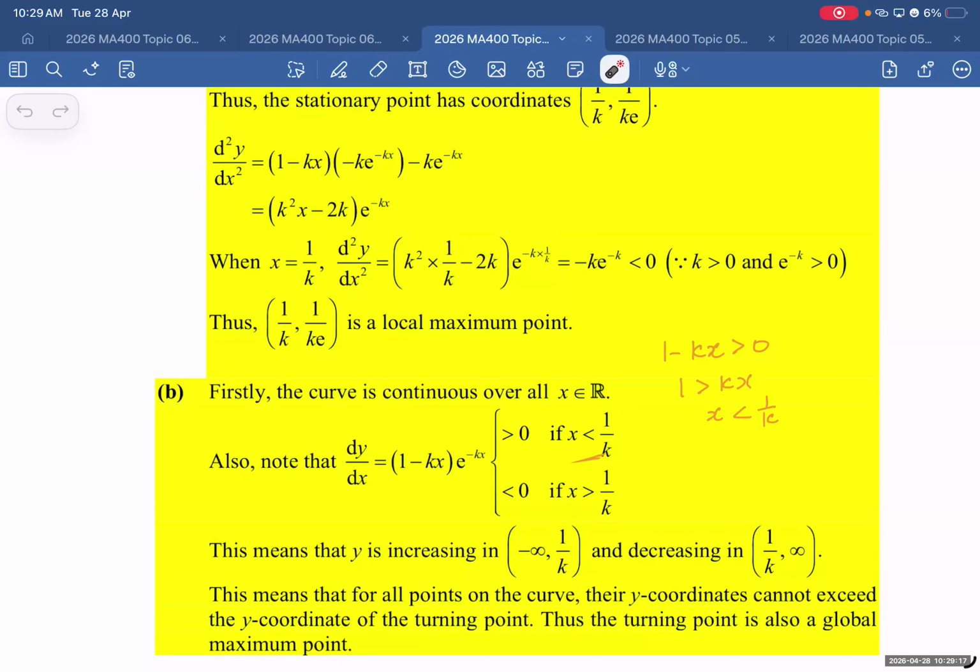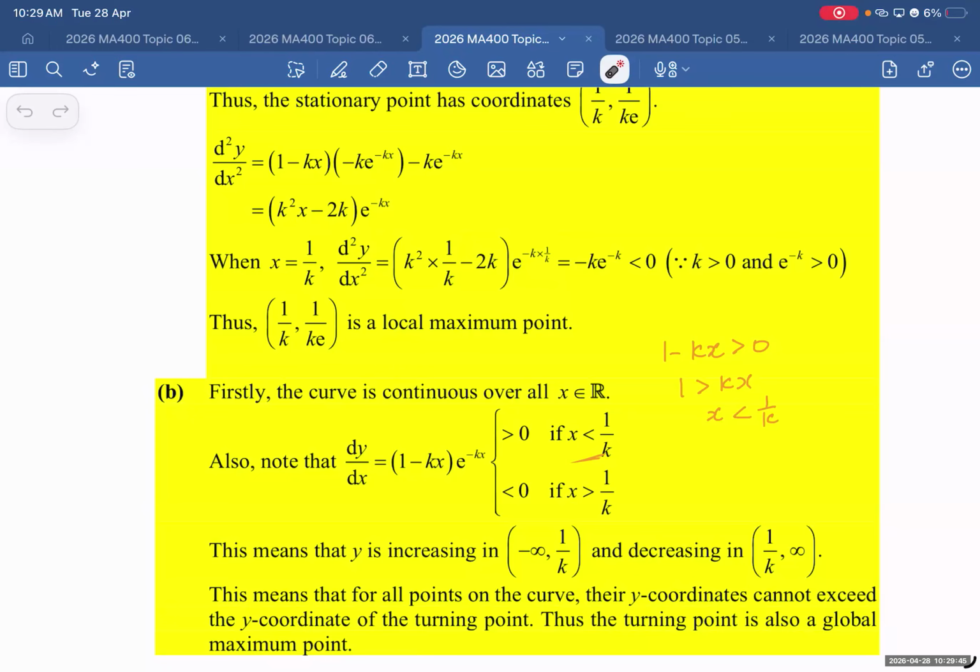Okay, because you can see this is my dy/dx. This is always positive, right? This one depends. If I solve this, if this is more than 0, x must be less than 1 over k. So if x is less than 1 over k, this is positive, this is always positive. We put both things positive.